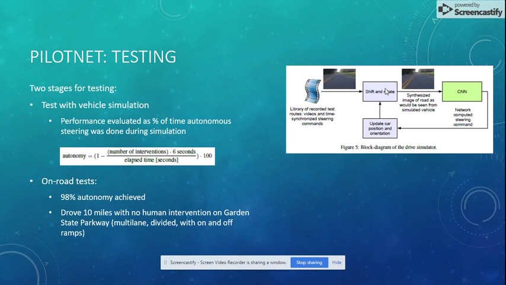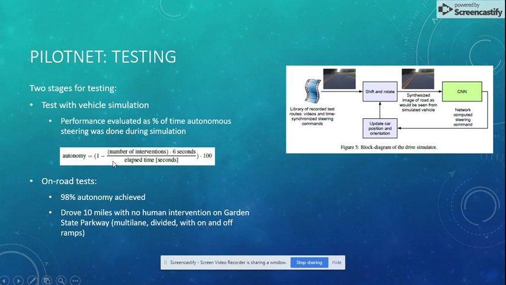The testing of PilotNet is done in two stages. The first stage is using simulation, where the CNN that was just developed is used to simulate the position of the car. There is a series of pre-recorded video which is shifted and rotated and then fed to the CNN, and the output of the CNN is used to update the position of the simulated car.